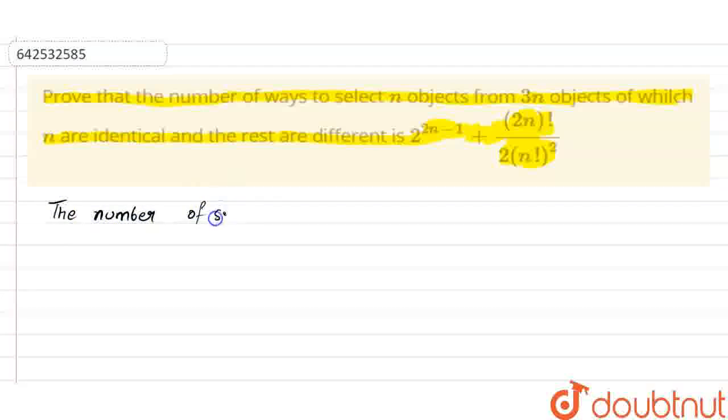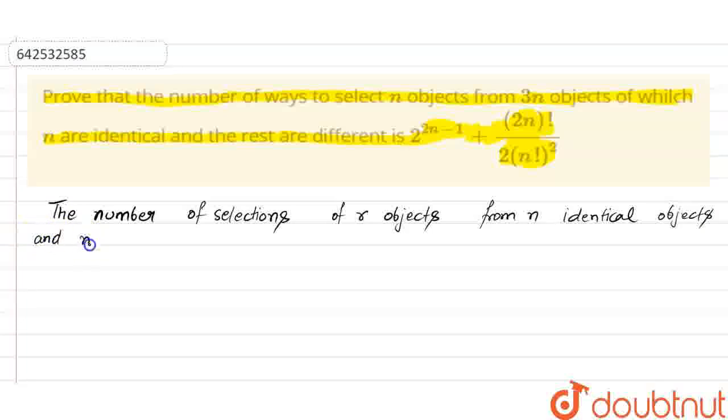of selections of r objects from n identical objects and n minus r from 2n different objects, that is different objects.